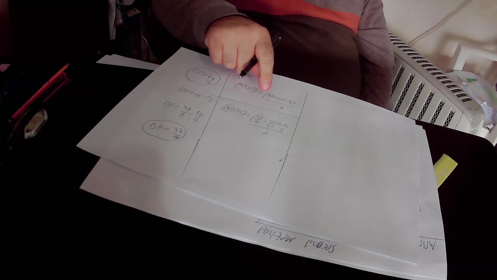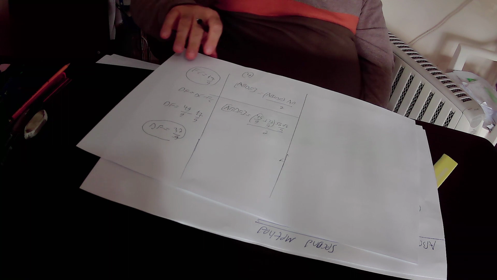Here 49 plus 32 is 81, so I write it down.